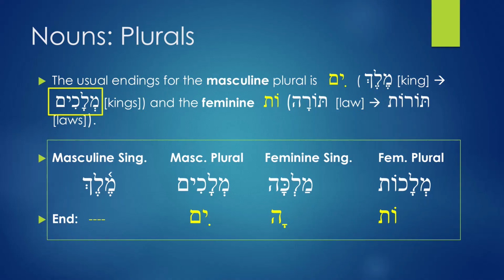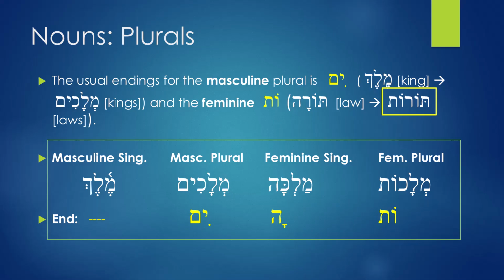King becomes kings. And if you want to pluralize a feminine noun, you're going to add the ending ot. For example, you have the word Torah. Torah means law. And if you want to pluralize the word Torah, you're going to add ot to the end of the word, and it's going to become Torot.